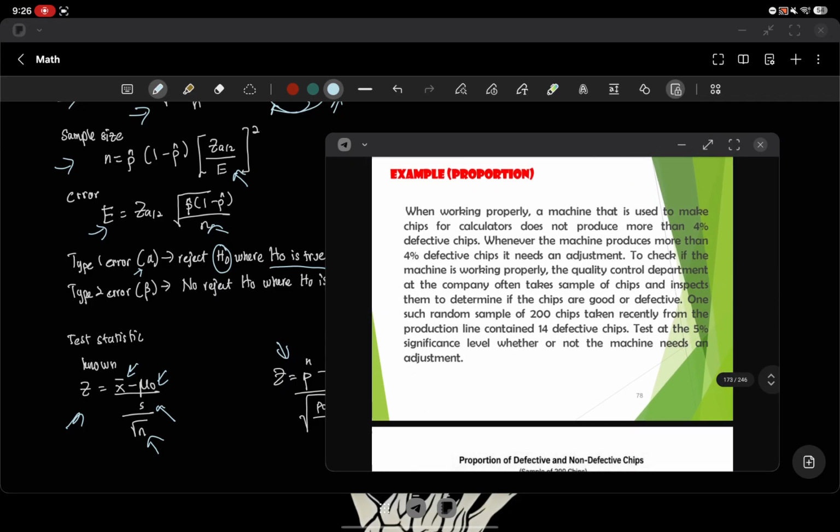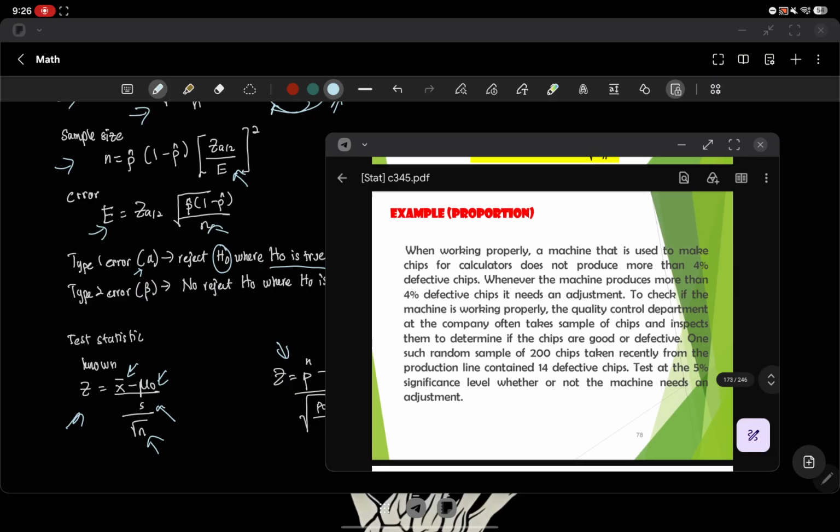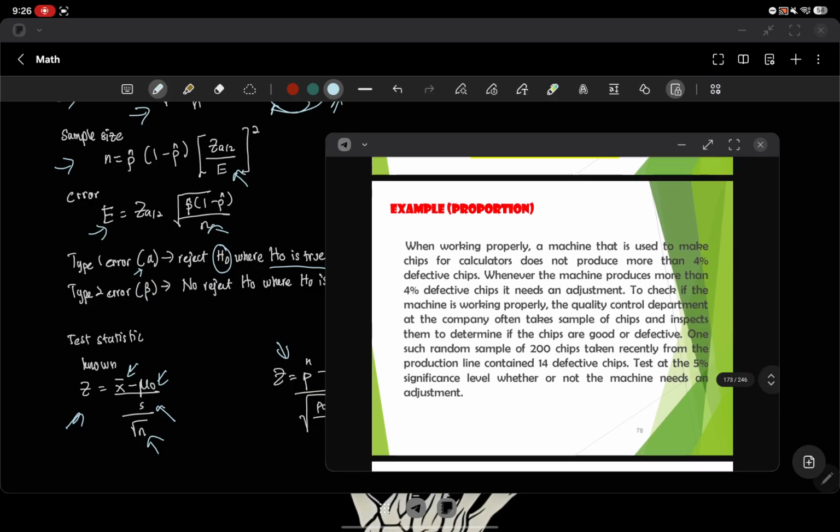Okay, then this is another question. 4% defective chips, whenever it's producing more, so our P is near 4. A sample of 200, n is 200, contains 14 defective, meaning 200 minus 14 equals 186 are okay and 14 are not okay. Test at a 5% significance level. 5% significance level means 0.05 alpha.